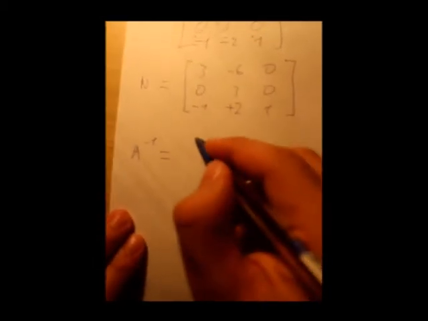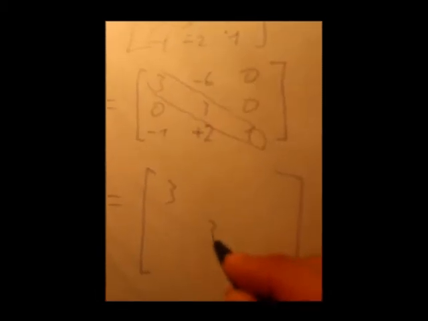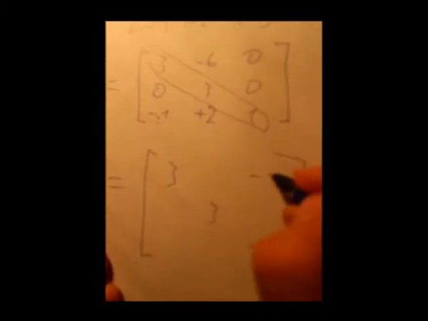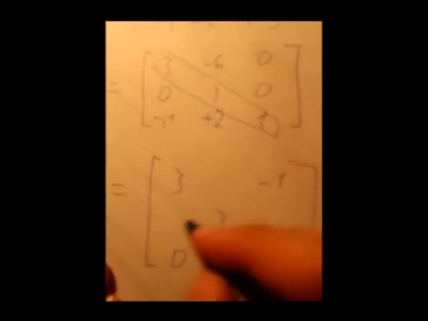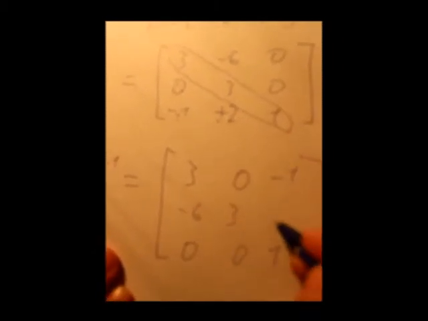For finding the inverse of A, we have to keep the diagonal, therefore we write 3, 3, 1, and we change its places: minus 1, 0, and we change this place, minus 6, 0, and we change this place, 0, 2.